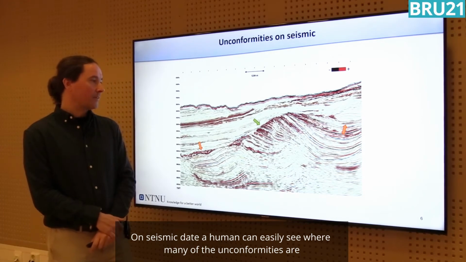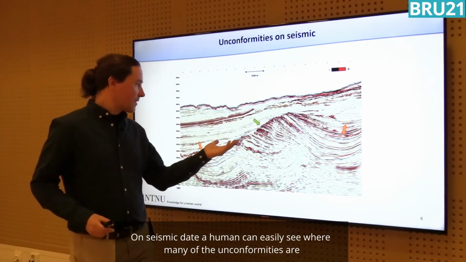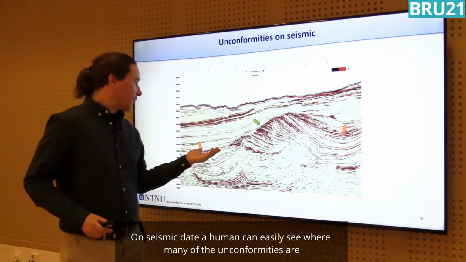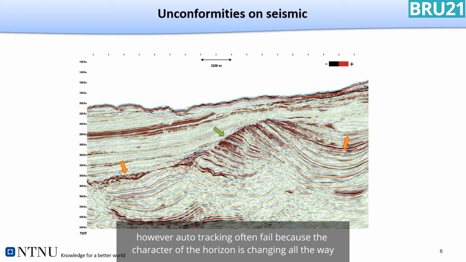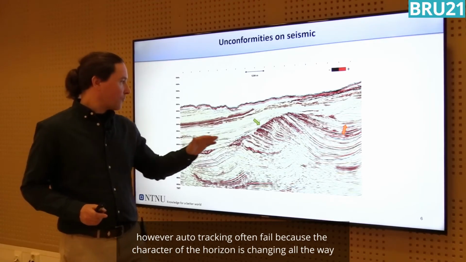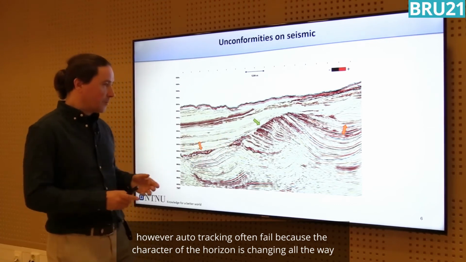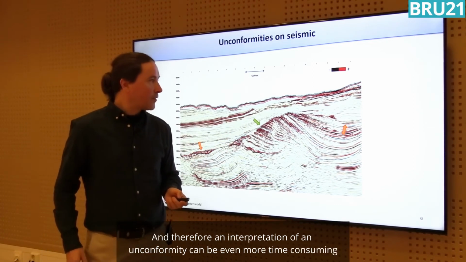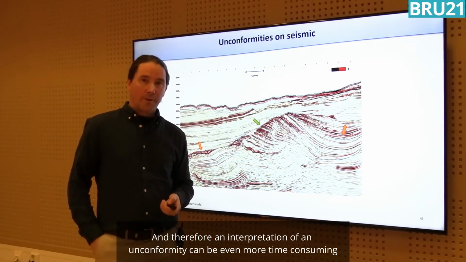On seismic data, with the eyes, a human can easily see where many of the unconformities are. However, auto-tracking often fails because the character of the horizon is changing all the way, and therefore an interpretation of an unconformity can be even more time-consuming.